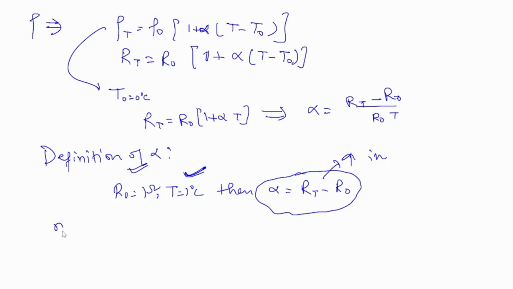Generally you can note that for metals alpha is greater than 0, for semiconductors alpha is less than 0, and for alloys alpha is nearly constant.